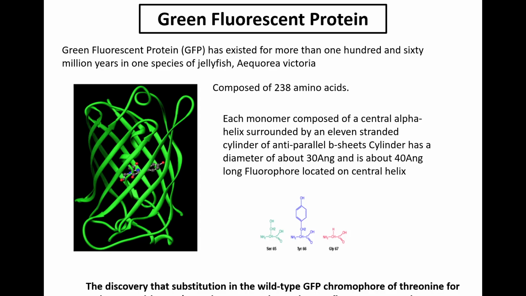Okay, so this GFP protein has 238 amino acids, and each monomer has a beta barrel like structure, and in between there is an alpha helix. In the core of this GFP molecule there is a fluorophore, and there is a proton transfer which happens due to three amino acids: serine 65, tyrosine 66, and glycine 67.